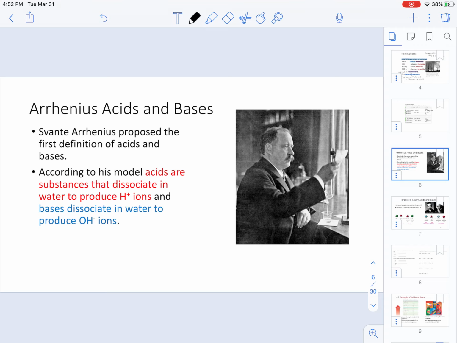Even though this definition works for many substances out there, not all bases are going to produce specifically OH minus directly. So because this definition was a little bit more limited, a brand new definition needed to be introduced.